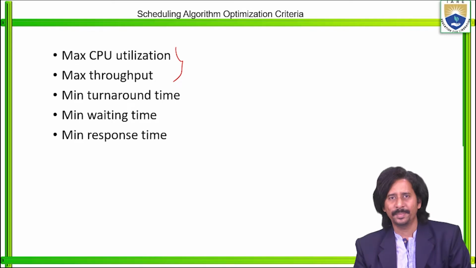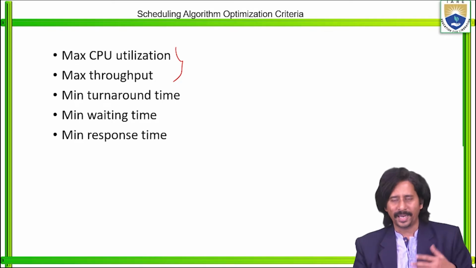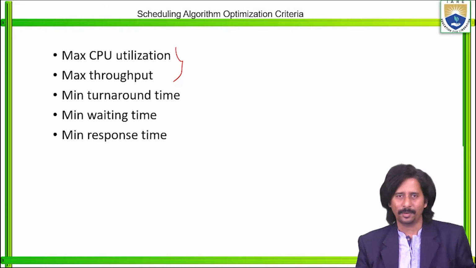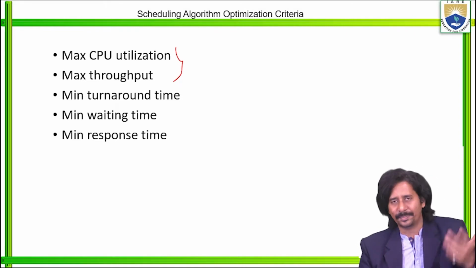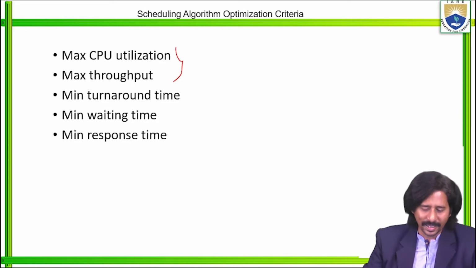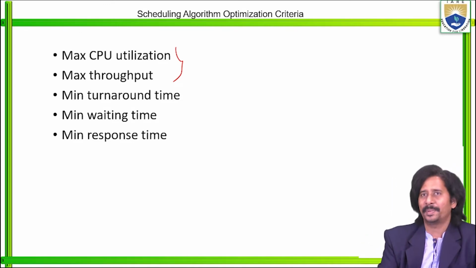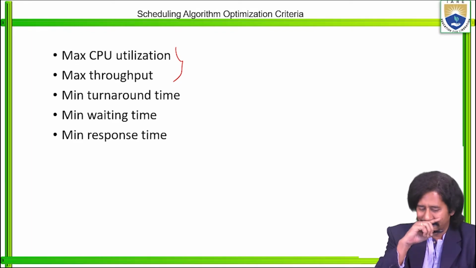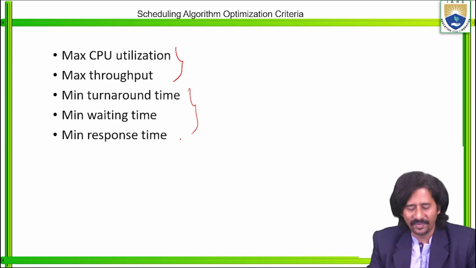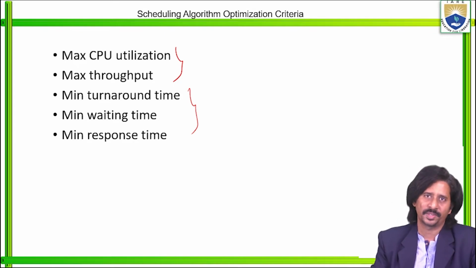Maximum CPU utilization means more jobs are executed, and maximum throughput means not even a single second is the processor idle. Always the processor is busy executing some process or jobs. The next level, the second level, is minimum turnaround time, minimum waiting time and minimum response time.